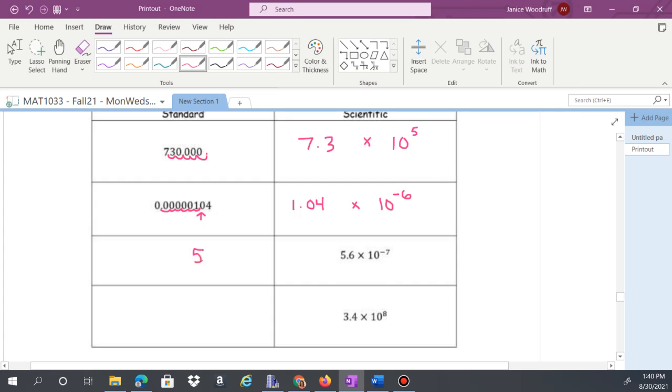So you go 5.6, it's in scientific, you want standard. Negative is left. So 1, 2, 3, 4, 5, 6, 7. There's your decimal. Fill that in with zeros. So it should be 6 zeros and then a 5, 6.